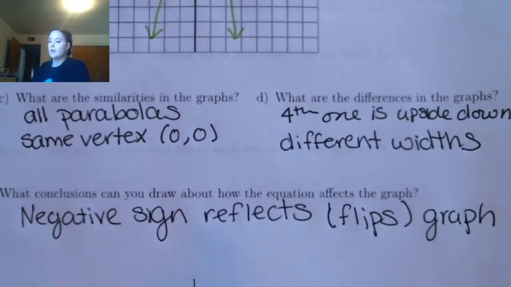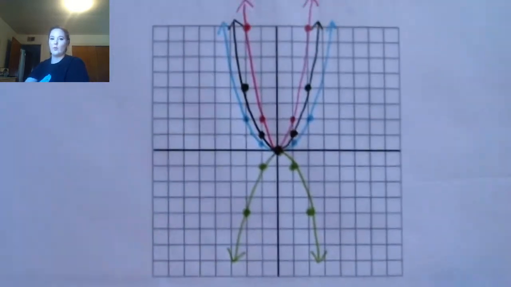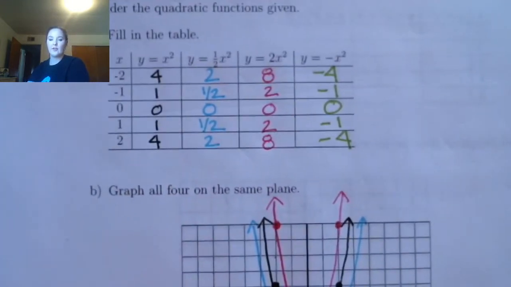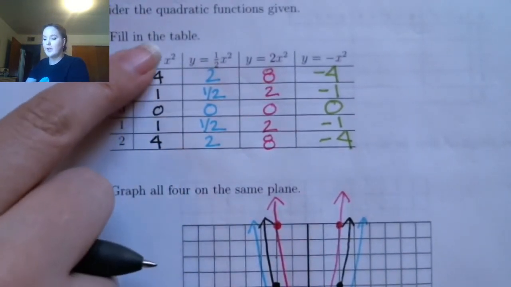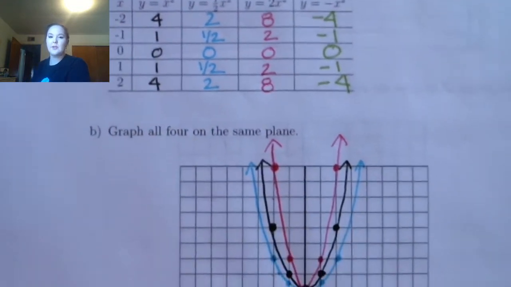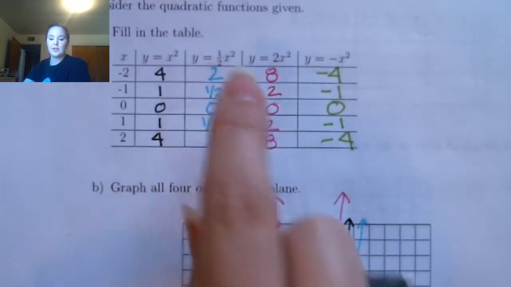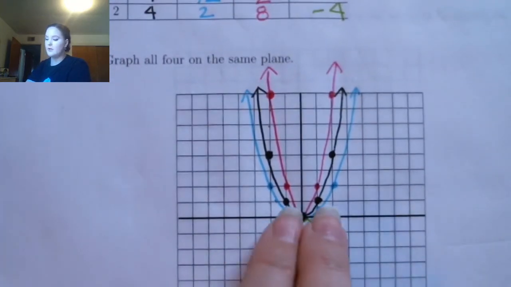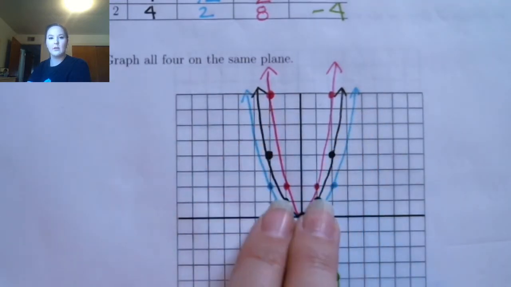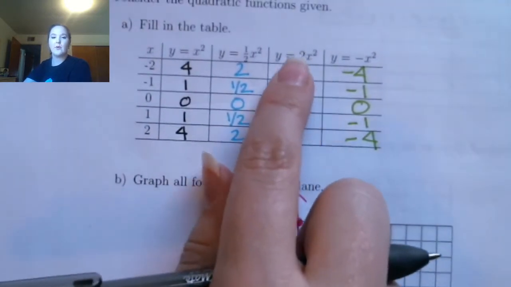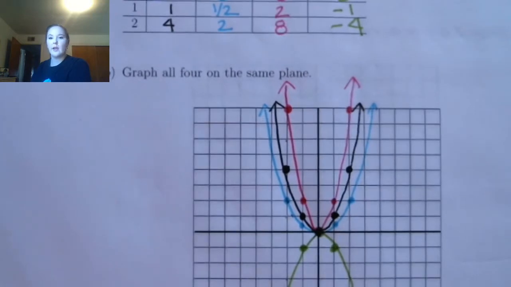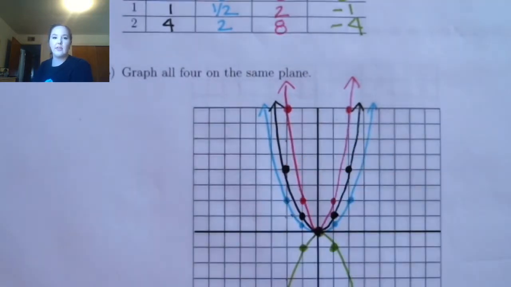And then we're going to think about what's causing these different widths. So we're going to compare the first three. This one has a coefficient of 1, and you can see it's this standard width. This one has a coefficient of 1/2. You can see that that one is wider. And this one with the coefficient of 2 is going to make it taller and thinner.